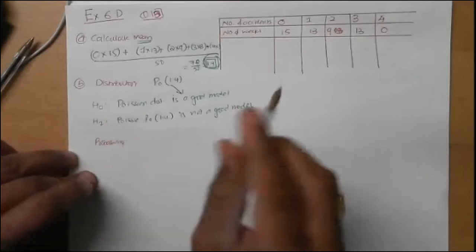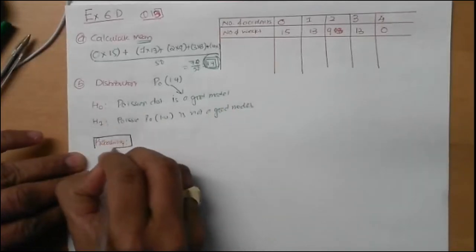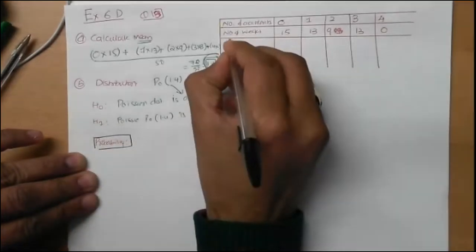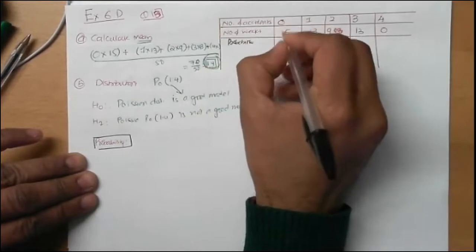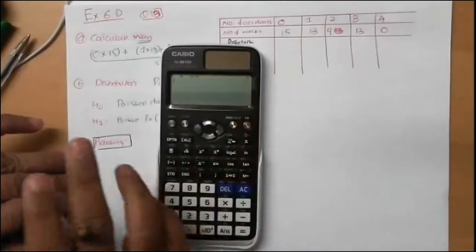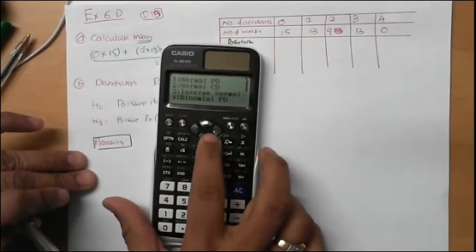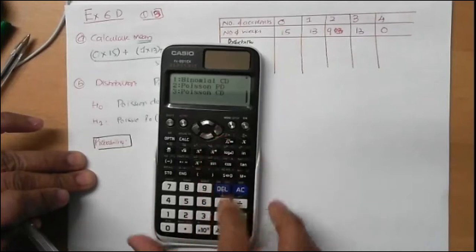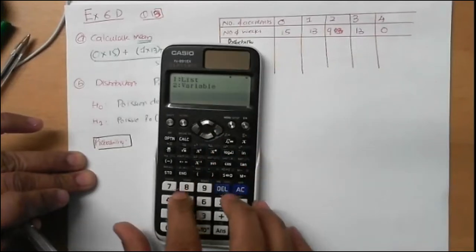All right, guys, to work out the expected frequencies, you first work out the probability, so probability of X equals 0. We're going to use the calculator, go on menu number 7, and it is Poisson PD, so number 2 here. I'll use the list function for some of it.